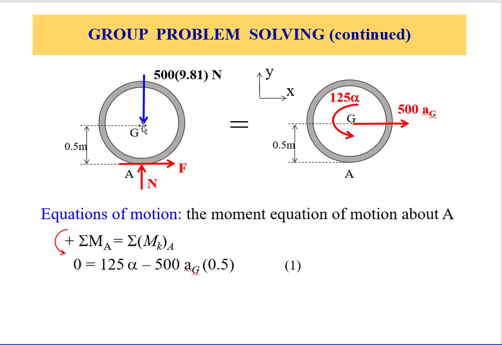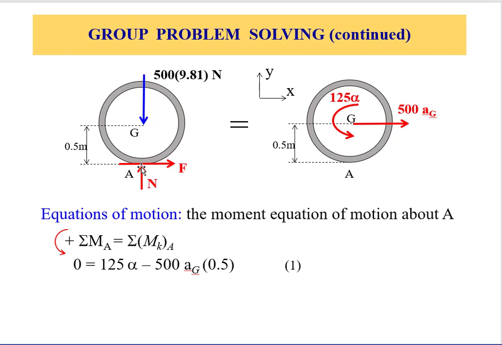If I calculate the moment about G, then the F force will appear. If I calculate the summation of forces about Y, we know immediately that N is going to be equal to 500 multiplied by 9.81, so there's no need to do that.